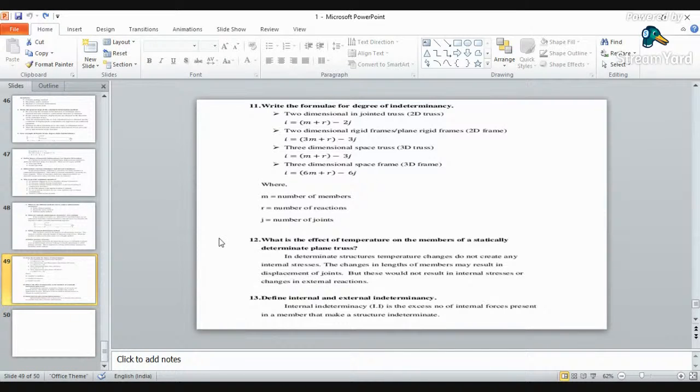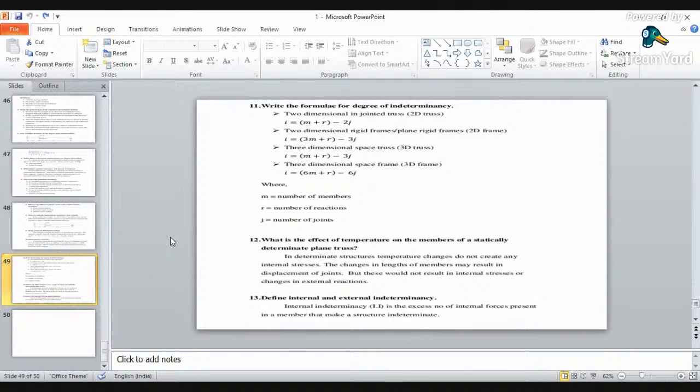Then what is the effect of temperature on the members of a statically determinate structure? We have already seen the difference between determinate and indeterminate structures. When we are talking about a determinate structure, there is no such change. When there is a change in temperature, there is a change in the length of the members, either lack of heat or excess of heat. Again, if you have a rise in temperature or fall in temperature, it will not result in internal stresses or a change in external reactions in a determinate structure.